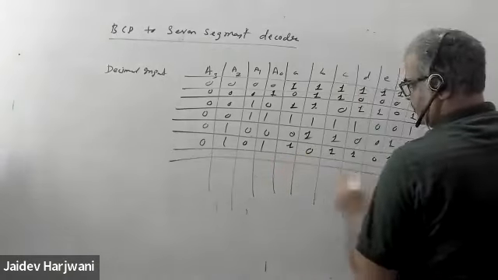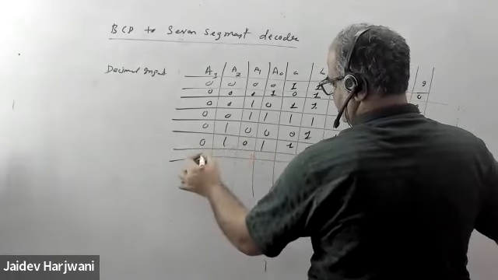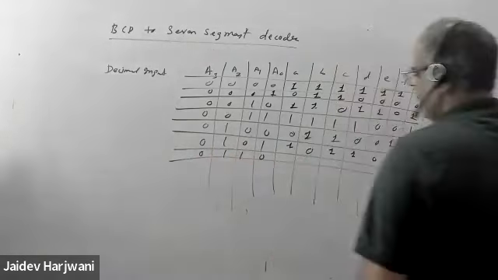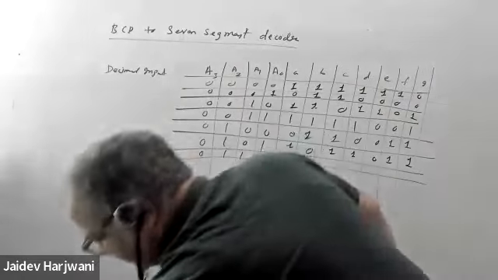Similarly for 6, which is 0, 1, 1, 0. Tell me for 6.